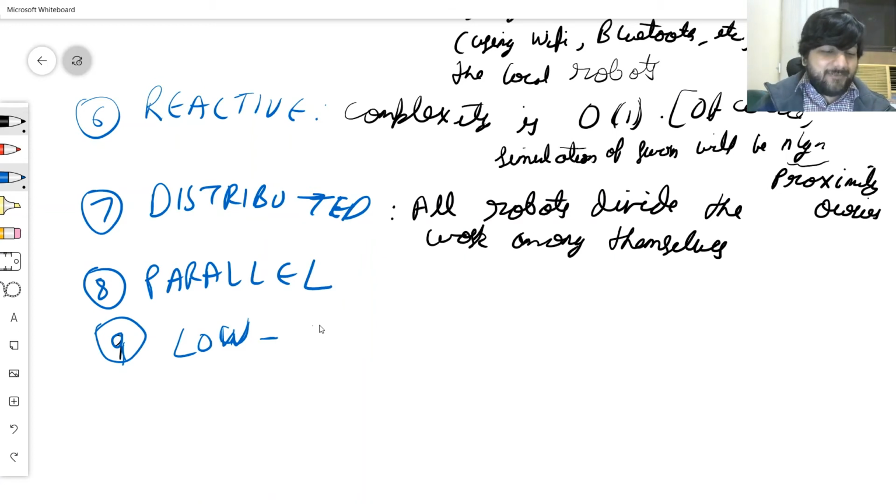So we have extremely low cost as a constraint. These robots should be just chips with all the sensors, miniature versions of that, and with little actuators. So 100, 200, 500, those are the kind of costs, and not the crores which modern day robots have.